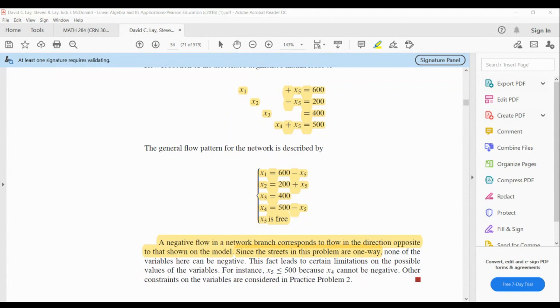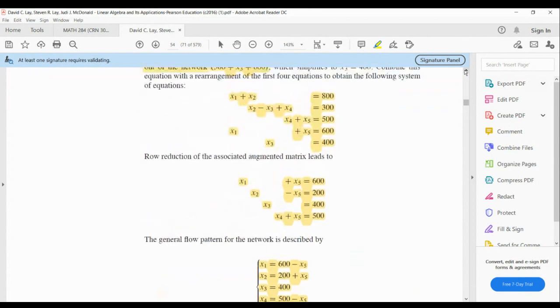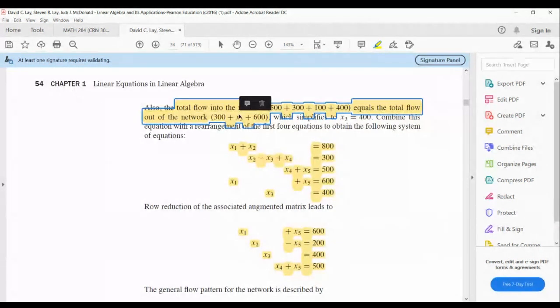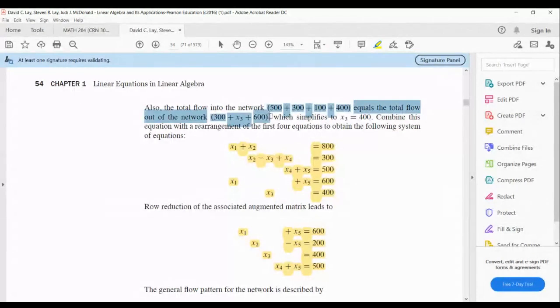Eleni asked, why is X3 equal to 400? Okay. Up here has to do with this information here. I didn't check their computation out, but they're saying that the flow inward equals the flow outward.